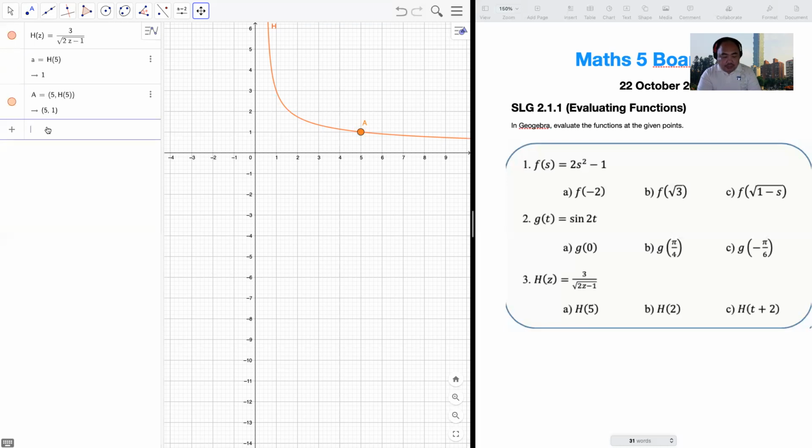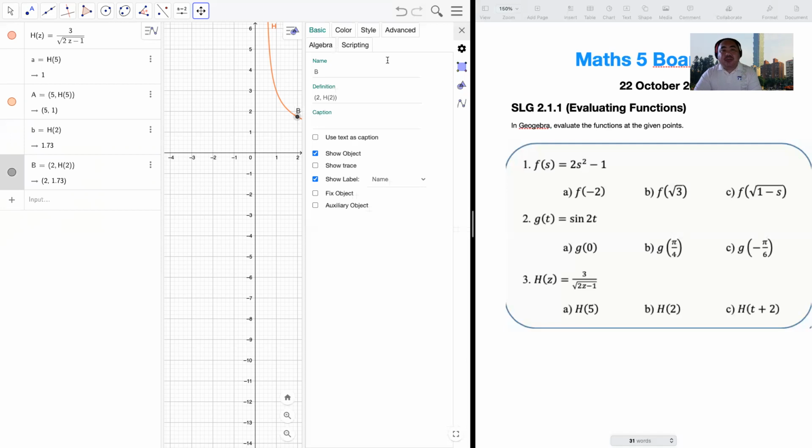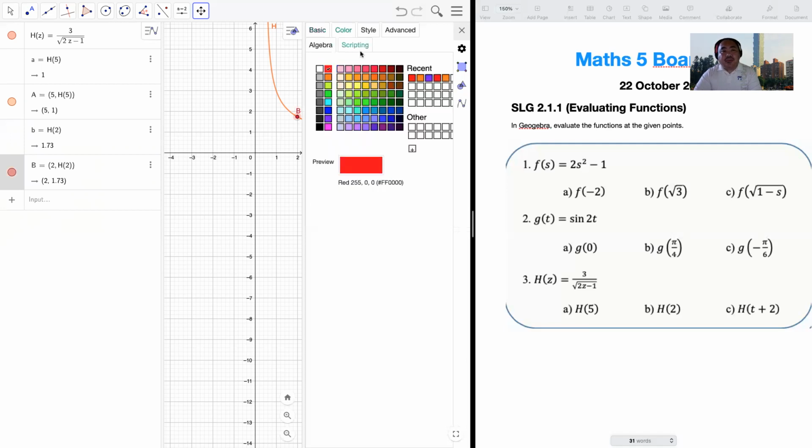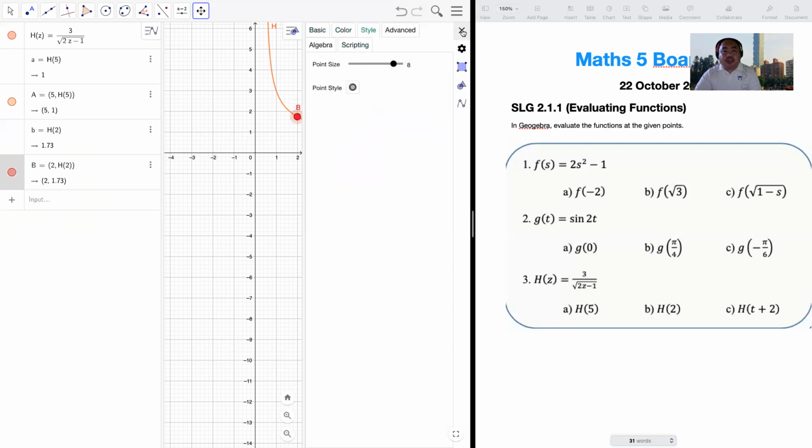Yes, we can do that. H of 2 is at 1.73, and we can point on the graph what is 2, h of 2 using GeoGebra. And there you go. Okay, so you will see that we are able to find as well the point on the graph.